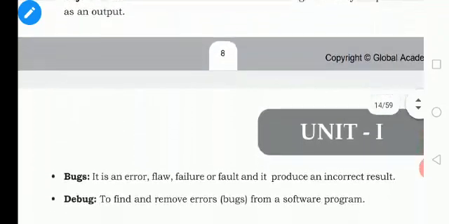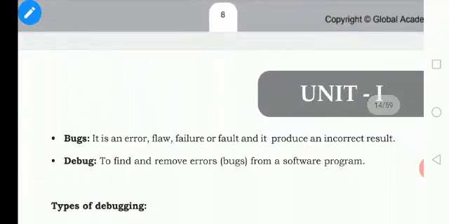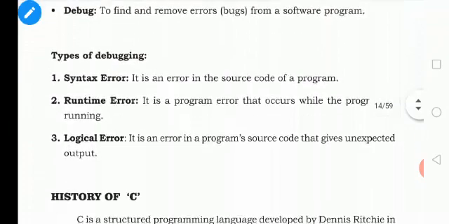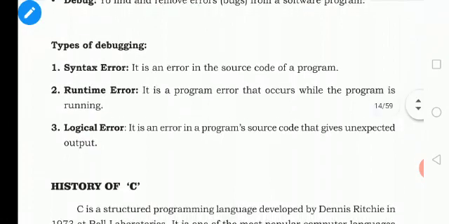Bugs, as I told you, are errors, faults in the written program. Even though we write the program, humans will make some mistakes, isn't it? Then debugging is removing the errors. What are the types of errors in debugging? Do you remember? Syntax error, runtime error, and logical error. So these are the types.